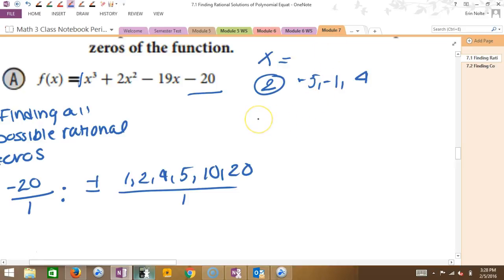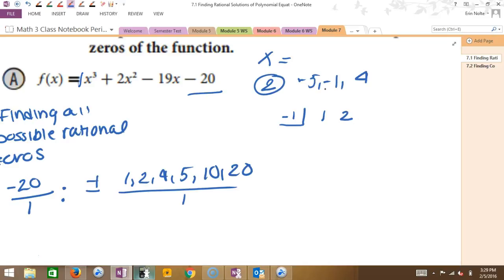So let's start using our synthetic division. Now that we are given a factor, let's use -1 and divide our polynomial by that. Whatever x is equal to goes in the box, where it crosses the x-axis.